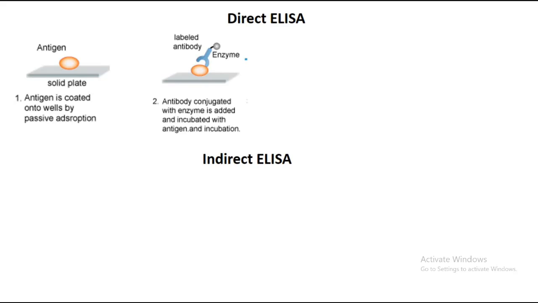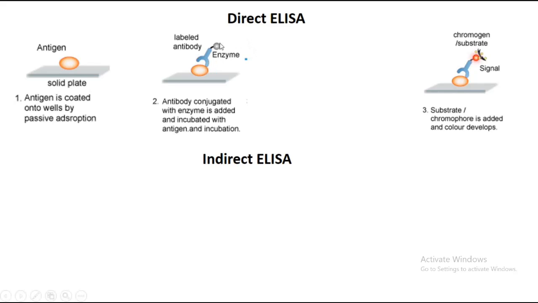In this case, the detection antibody has an enzyme attached to it. Then you add your substrate, and you get an enzymatic reaction. The direct ELISA is actually quite quick because the detection antibody has the enzyme attached to it.